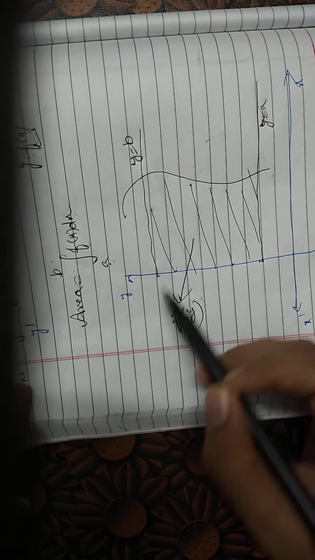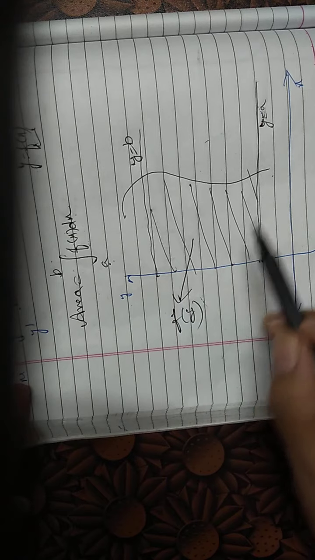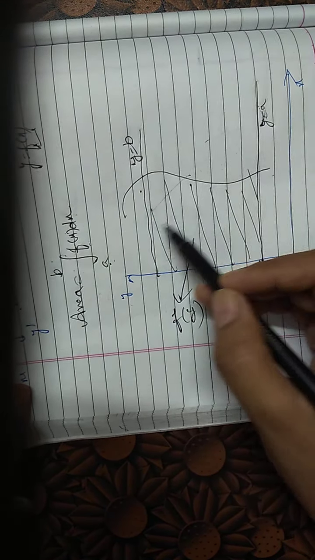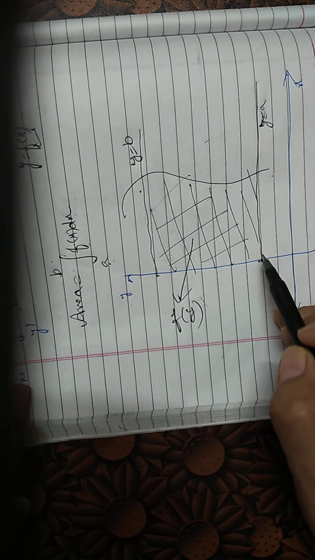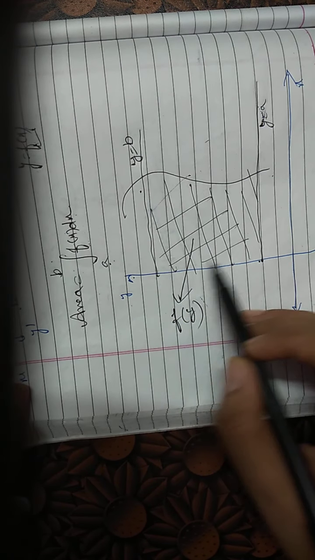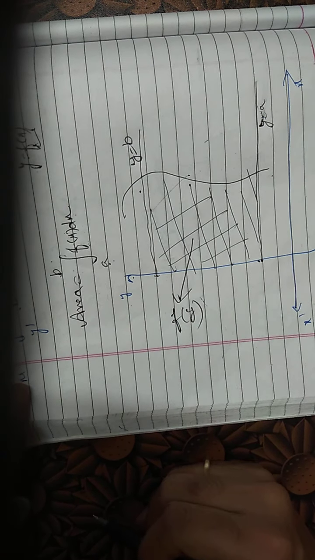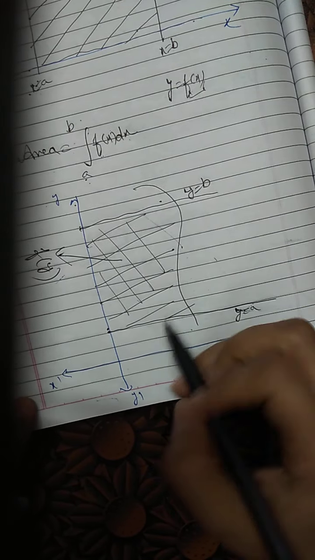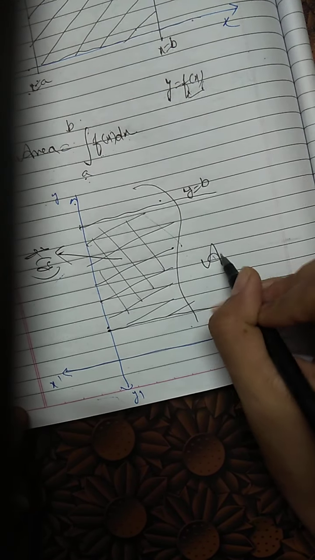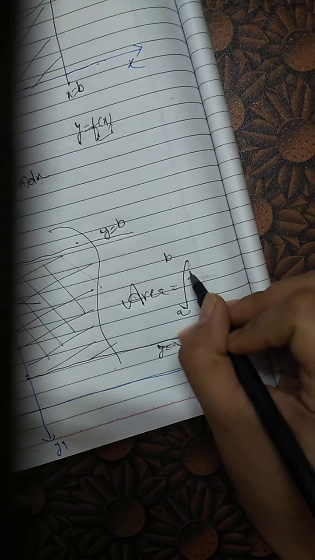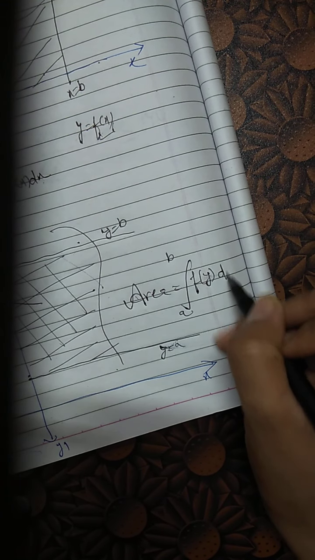And when I integrate the function f(y) with the limits from y equals a to y equals b, I will get this area bounded by the positive y-axis and the lines y equals a and y equals b. So how will we write down this area? The area will be equal to integral a to b f(y) dy.